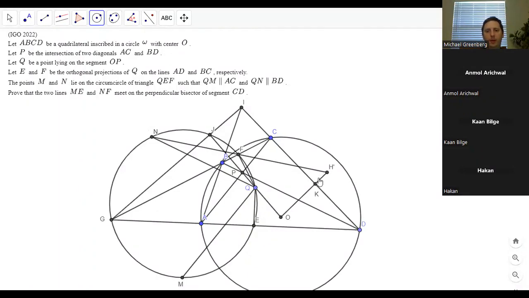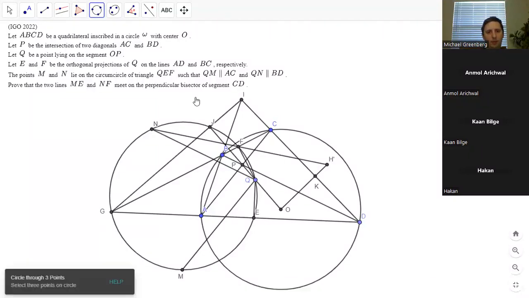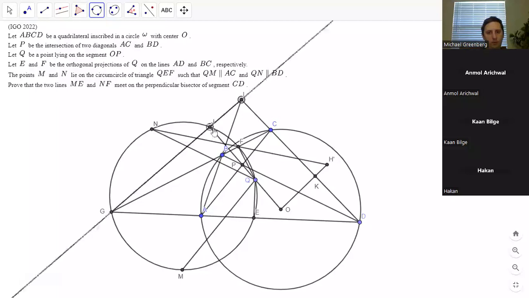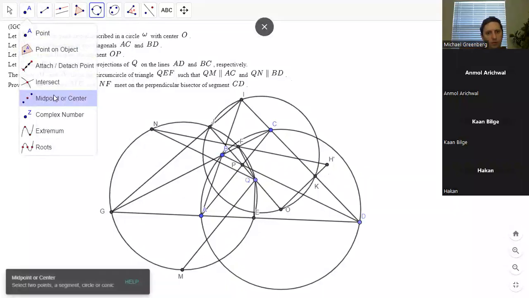So H prime K times H prime O, that's the power of H prime with respect to this circle. What is the center of this circle? Oops.